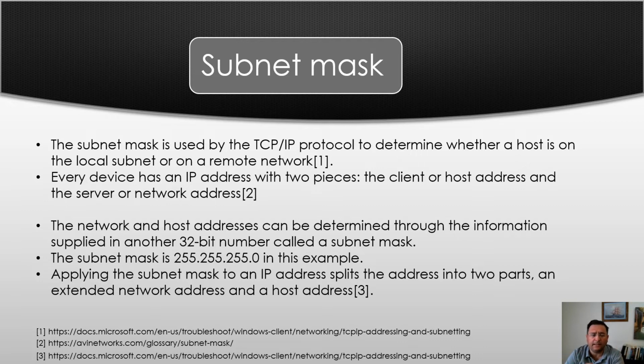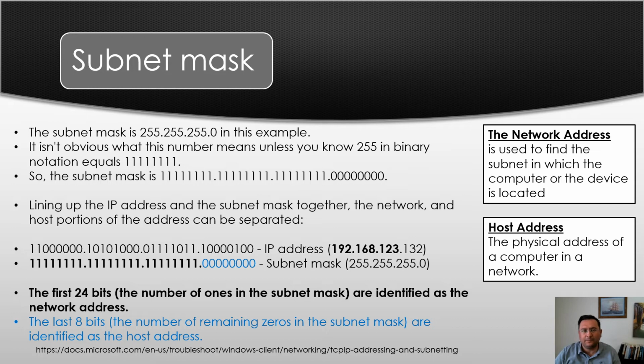Applying the subnet mask to an IP address splits the address into two parts: an extended network address and a host address. A subnet mask facilitates the communication between segregated networks and the IP host. The subnet mask is 255.255.255.0 in this example.